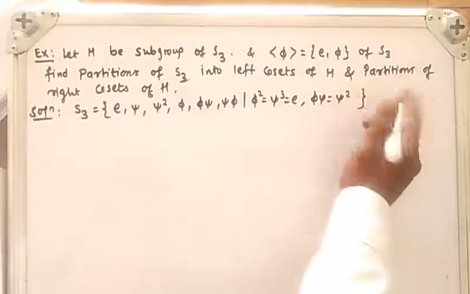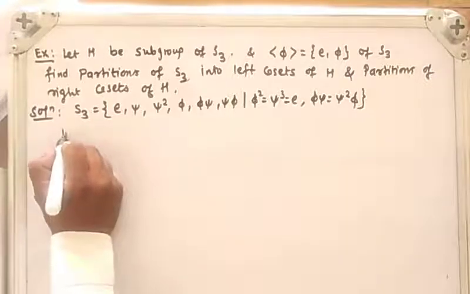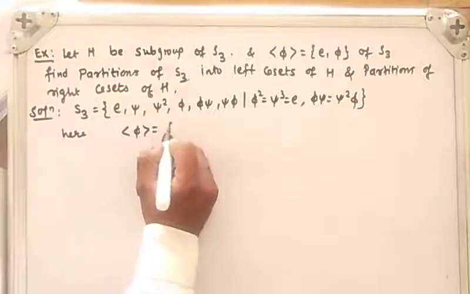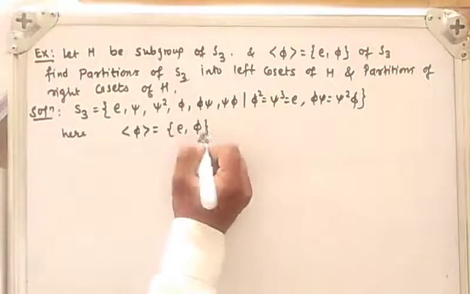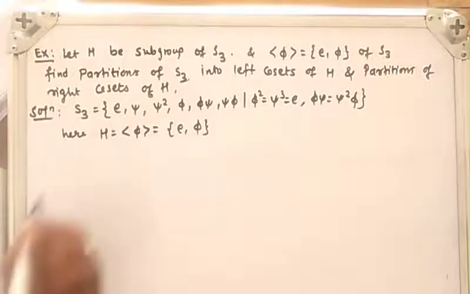This is the property of the elements of S3. Now here generator phi has elements identity and phi. So this is a multiplicative group, meaning here the operation will be multiplicative.